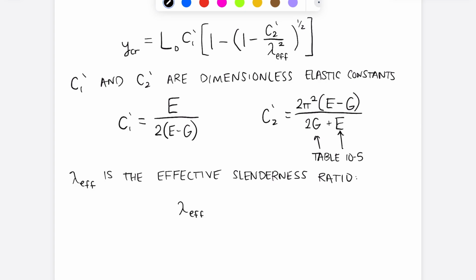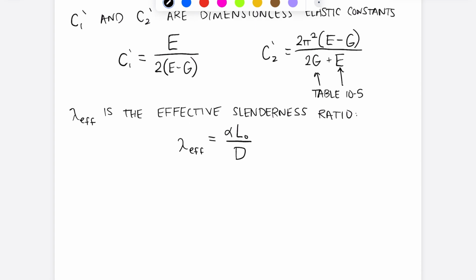So this effective slenderness ratio is equal to alpha times the free length divided by d, which again, remember that's the mean coil diameter, not the outer diameter. And see previous videos if you need a refresher on the difference between those.